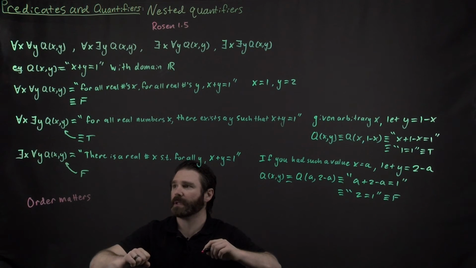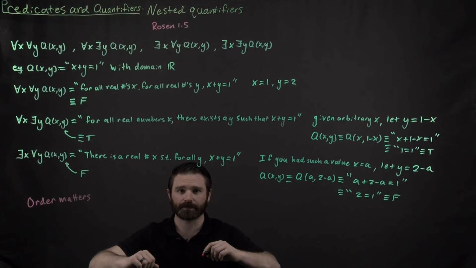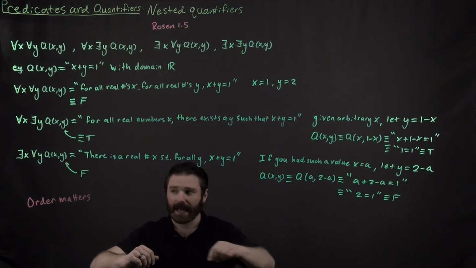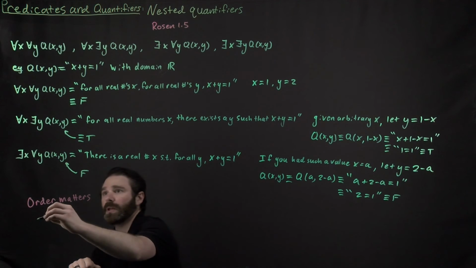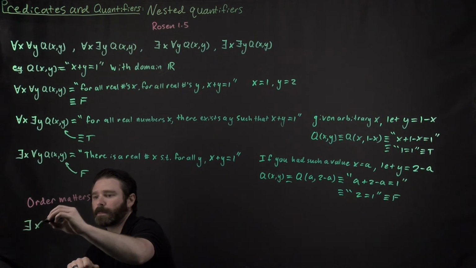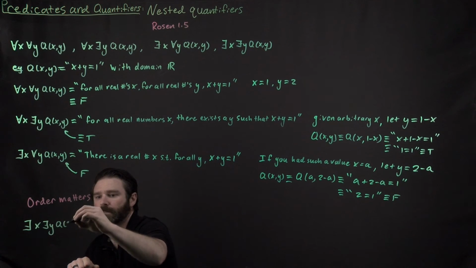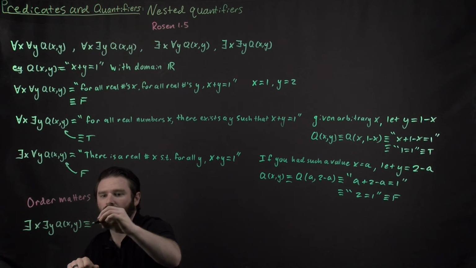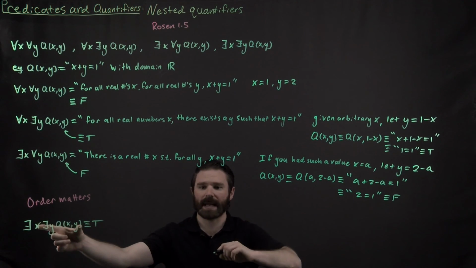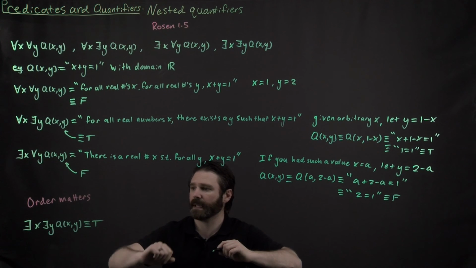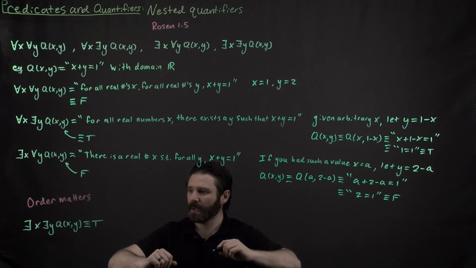So order definitely matters when looking at these nested quantifiers. And I'm going to leave it to you as an exercise to show that if I use two existential quantifiers right here, this thing is a true statement.